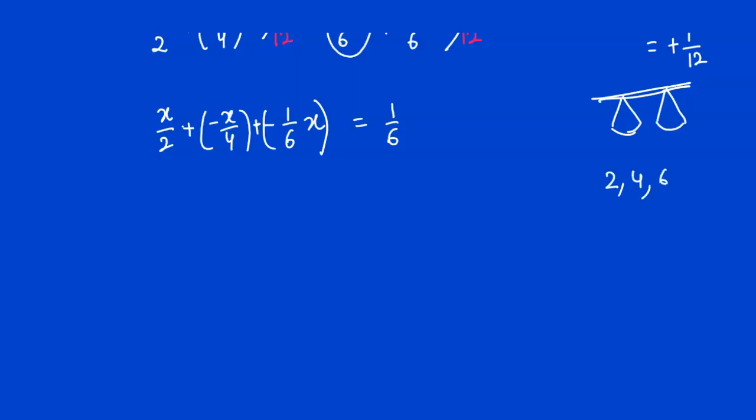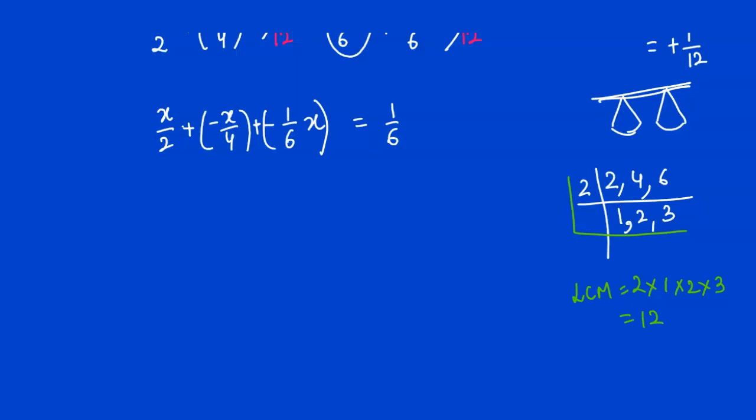What's going to be the LCM of 2, 4 and 6? Let's see. Always remember the L for LCM. When nothing is common, you have to leave and remember the L. Multiply all the numbers along the L. So 2 into 1 into 2 into 3. So this becomes 12.